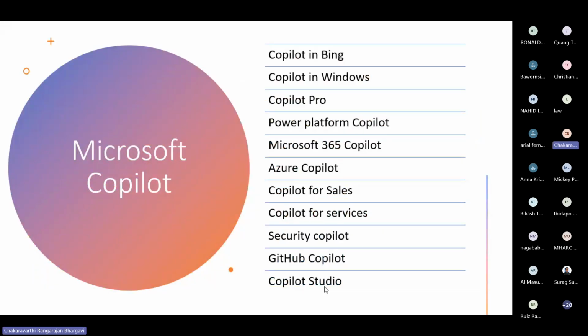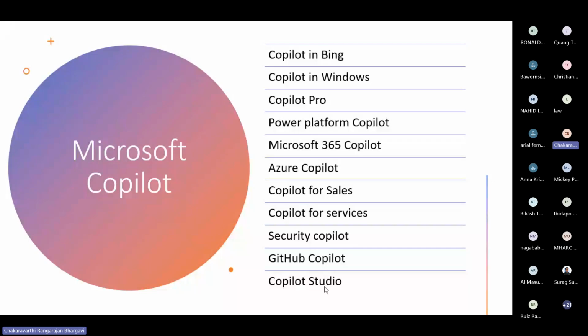There are different kinds of Copilots available in the market right now. To list them: Copilot in Bing, Copilot Pro, Power Platform Copilot, and Azure Copilot, which helps with creating resources by yourself. Power Platform Copilot is where you can have Copilot installed for your applications and automations, and it would return the result to you.